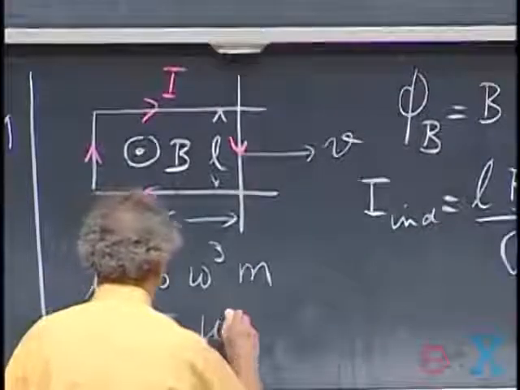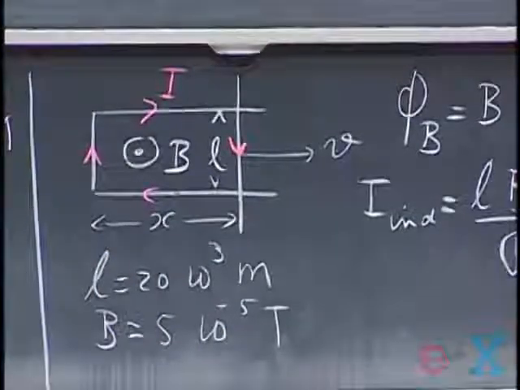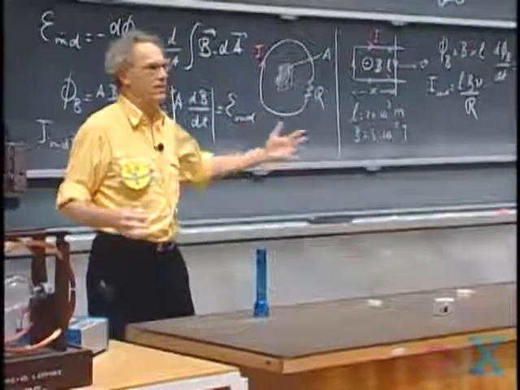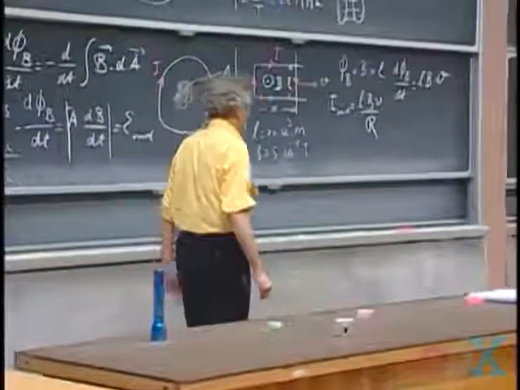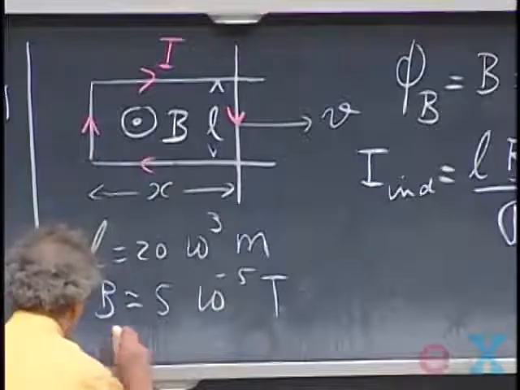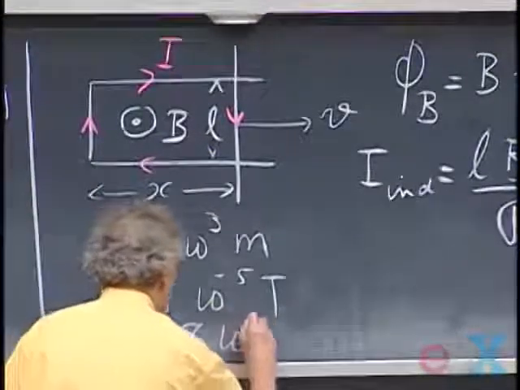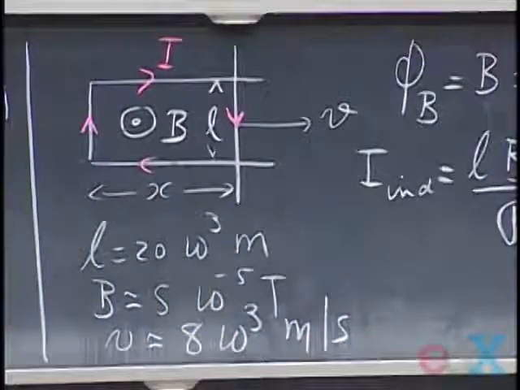So that is 5 times 10 to the minus 5 Tesla. And the shuttle, as you should know from 8.01, like any near-Earth satellite, they all fly with a speed of about 8 kilometers per second. If they go much faster, then they would leave the gravitational field of the Earth. So V is about, in circular orbit, about 8 kilometers per second. So here you have it in meters per second.